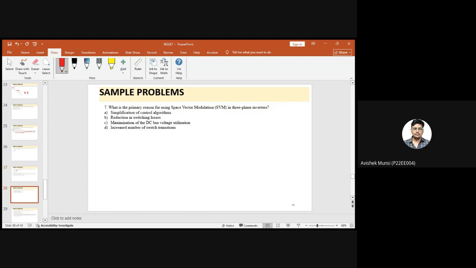Next, what is the primary reason for using SVM in a three-phase inverter? Is it simplification of the control algorithm, reduction in switching losses, maximization of the DC voltage, or increased number of switch transitions? Which one is correct?